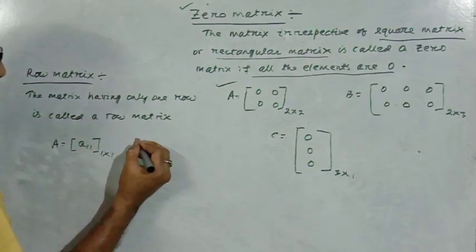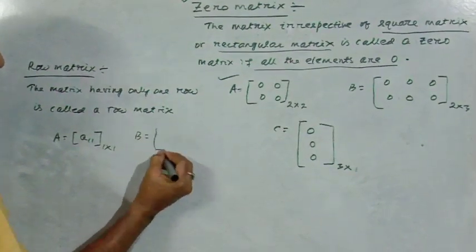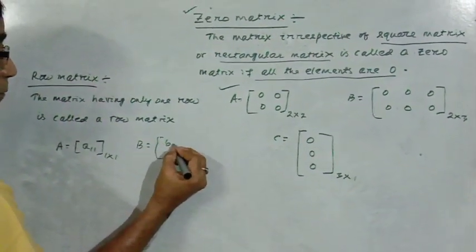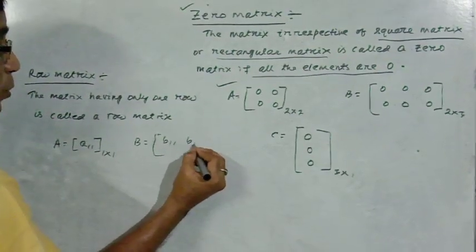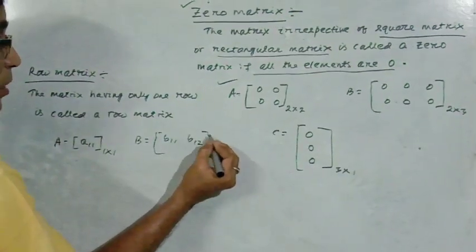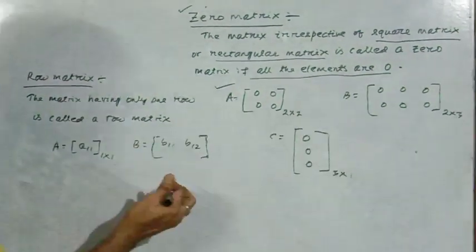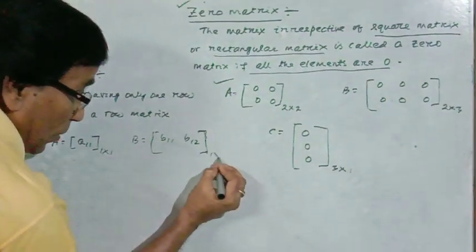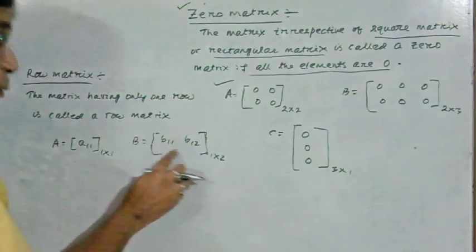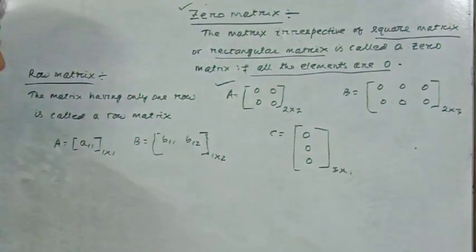Next we can say B matrix, that is B11, B12. It is also a row matrix of order 1 cross 2. That means it has 1 row and 2 columns.